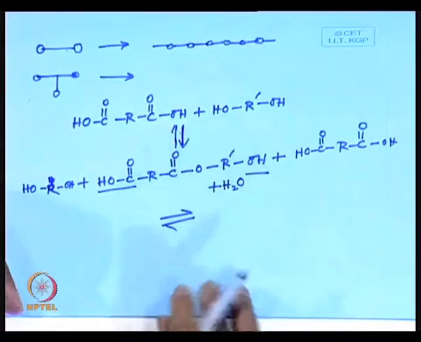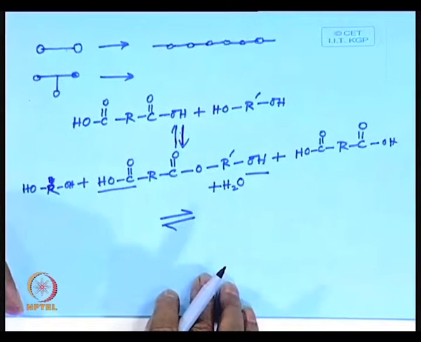That means there is a dynamic equilibrium between the reactants and the product, until and unless some of the products, or any of the products, are removed from the reaction mixture. That means you have to break the equilibrium by removing the reaction product. In this case some water molecule is produced as a byproduct.